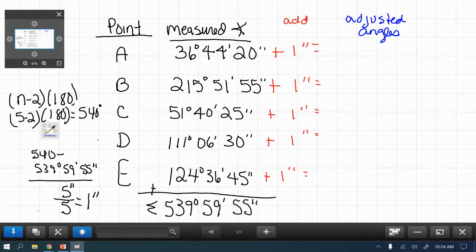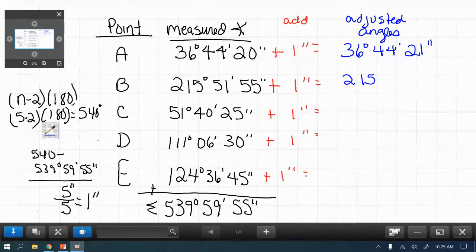Adjusted angles. Make sure that, let me fix it, because if not, I'm not going to get the same answer.